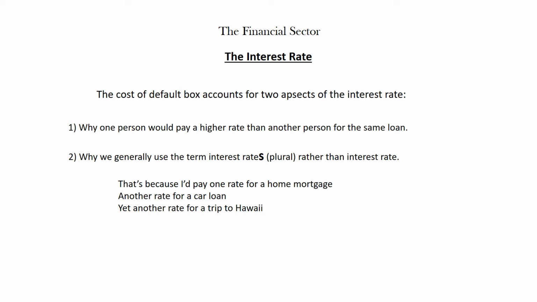That's because a particular borrower would pay one rate for a home mortgage, another rate for a car loan, and yet another for a trip to Hawaii. The rate that one pays will depend, among other things, on the nature of the collateral that is used to secure the loan.